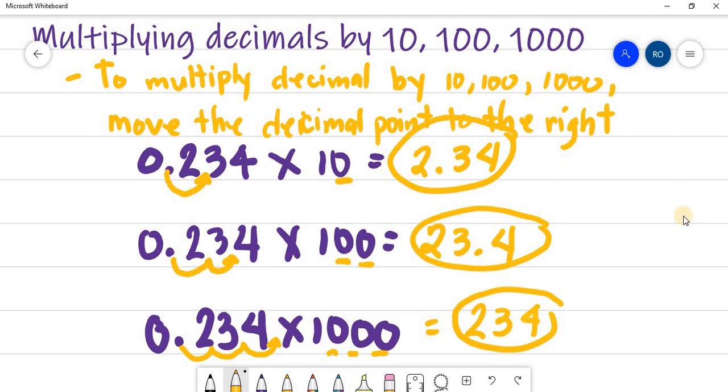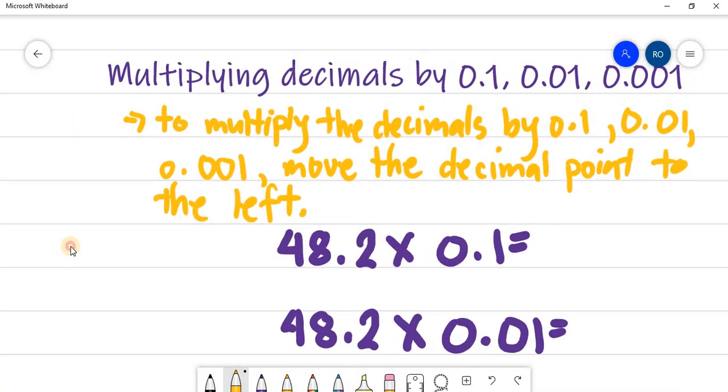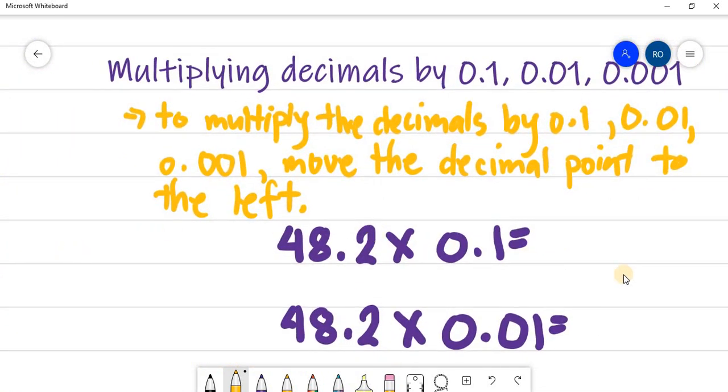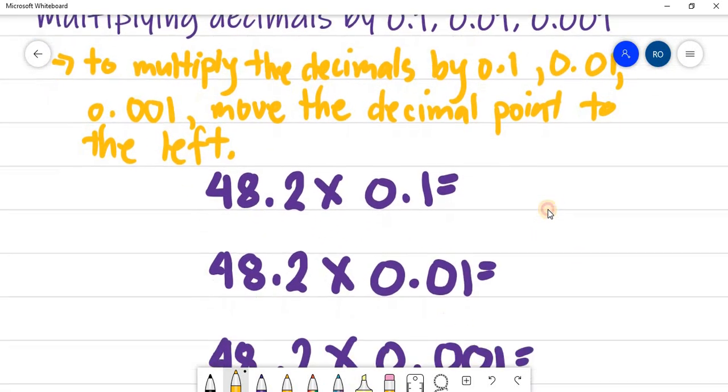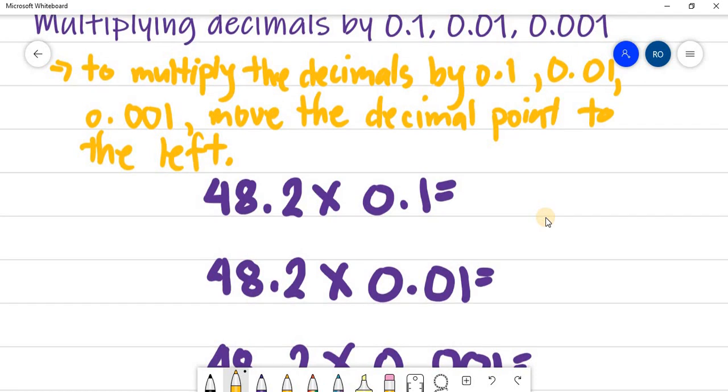Now, what if we're going to multiply decimals by 0.1, 0.01, and 0.001? Well, the rule is the opposite of the first rule. To multiply decimals by 0.1, 0.01, 0.001, we have to move the decimal point to the left.